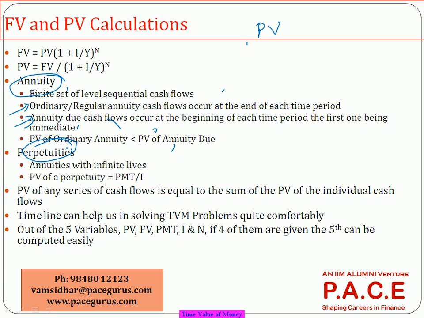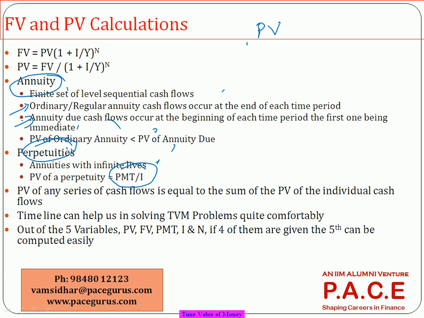The simple formula which I am applying is PMT by I, which is how much I am getting every period divided by interest per period. And there is no FV for a perpetuity because I don't know what the future date is. No future date is known, so no future value. Only PV can be computed for a perpetuity.